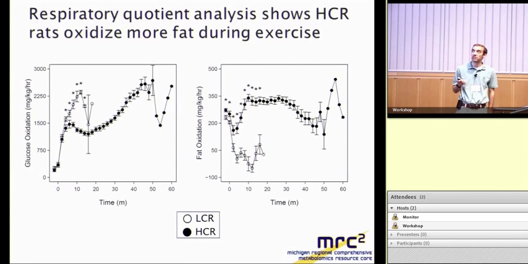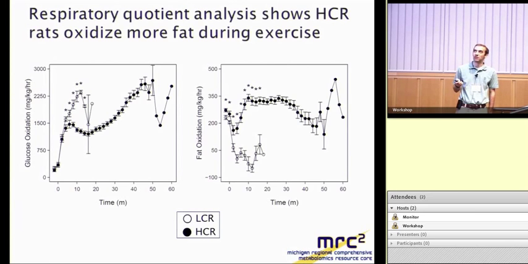But when exercise starts, the LCR very rapidly switch over to nearly exclusively carbohydrate oxidation, whereas the HCRs maintain fat oxidation and even increase fat oxidation in the early phases of exercise and can hold on to that fat oxidation with reduced carbohydrate oxidation. No, I don't want to say reduced.